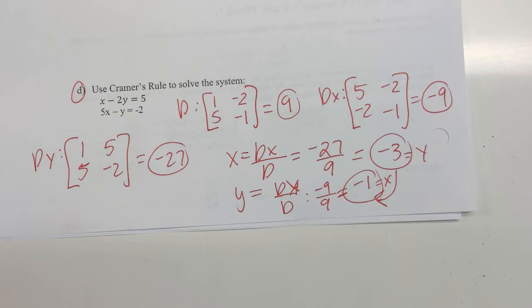Is this Dx? Okay, that'd be Dx. Dx means you're going to replace your X values. These are your X, these are your Y. So you're going to replace these with what? 2 and 1, yeah. And leave your Y values the same.